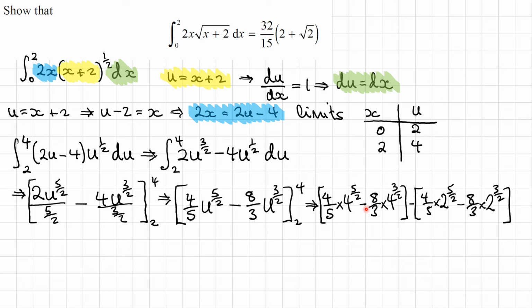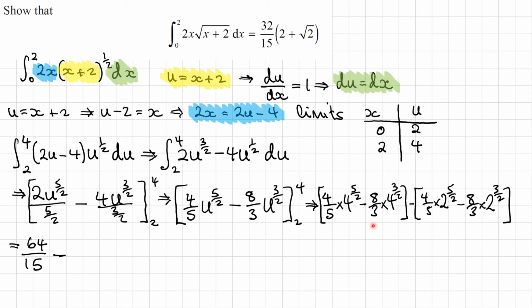So let's evaluate bracket by bracket. So the first set of brackets, if I work that out on my calculator, that gives me 64 over 15. And then I need to subtract what I get from the second set of brackets here.